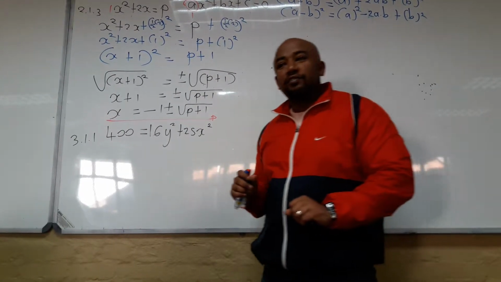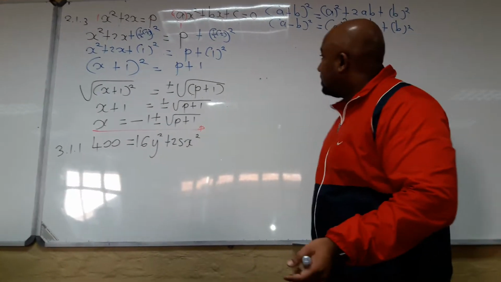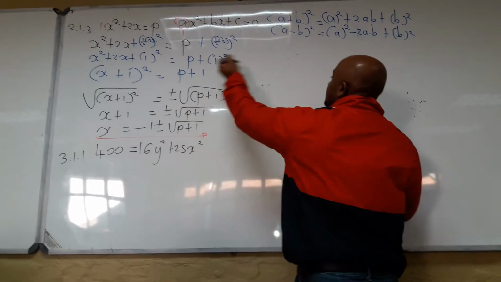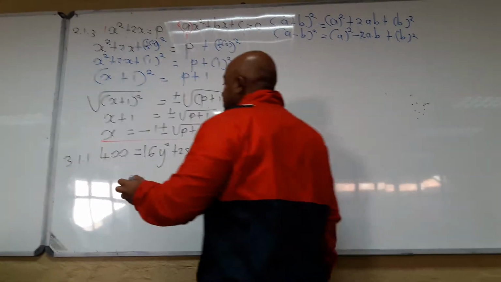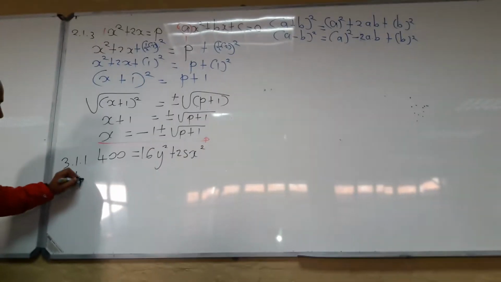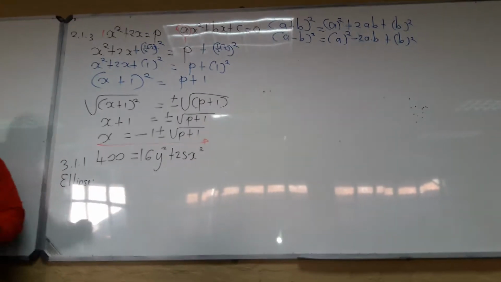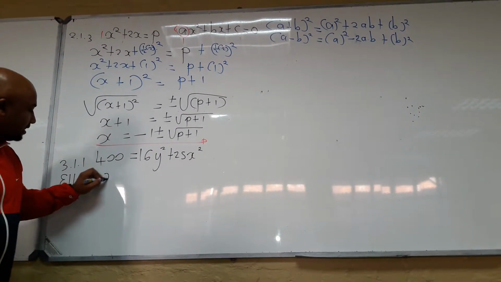Or what is the other graph that you did? Ellipse. It's an ellipse. Okay, so your ellipse, you need to be familiar with the equation of the ellipse. What is the equation of the ellipse?